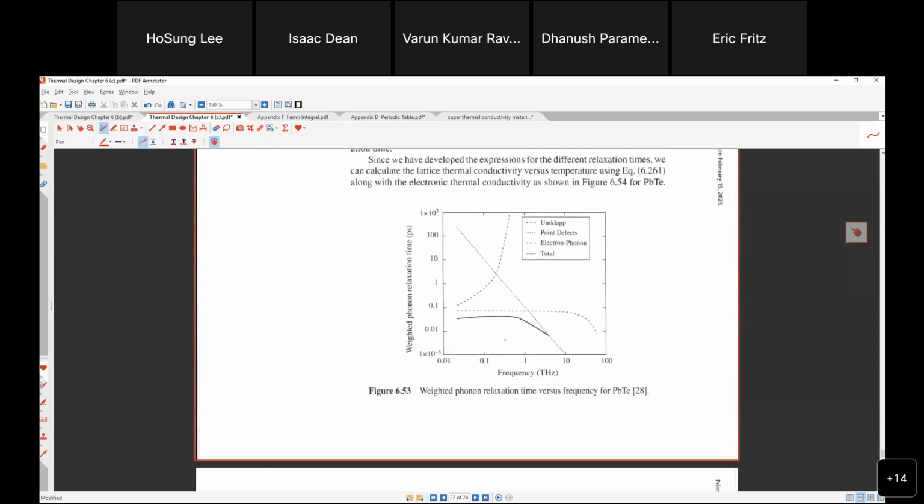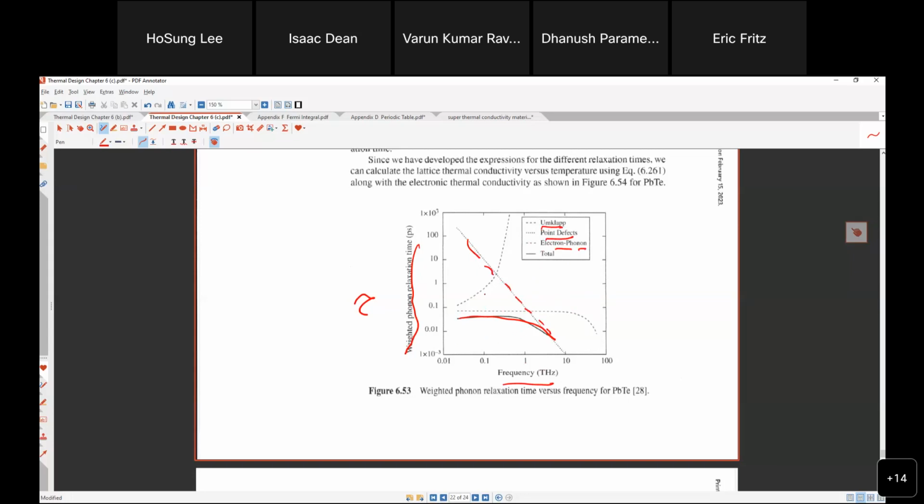So when I look at the weighted phonon relaxation time versus frequency, this is Umklapp, and the others are electron-phonon and point defect scattering, which you can see.